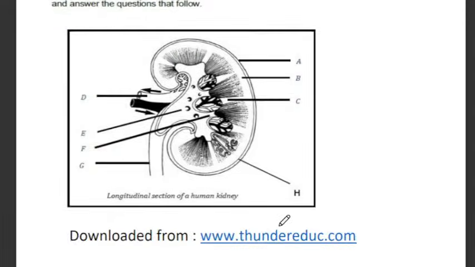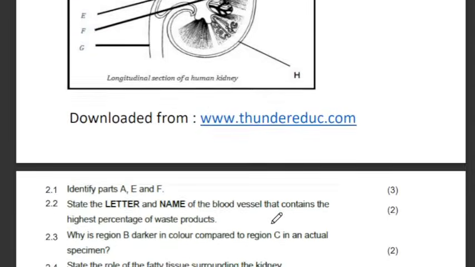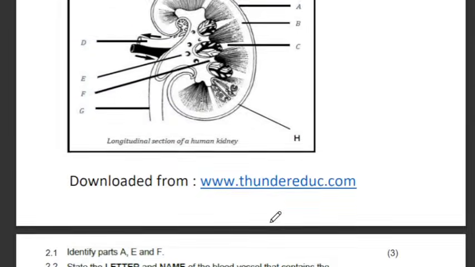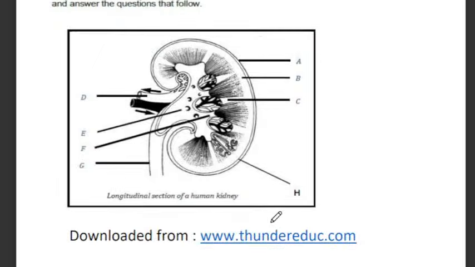Another question which looks to be the same is this. They're saying what is part A? I think now we can answer what is part A, what is part E, and what is part F. Anyway, part A is the renal capsule.